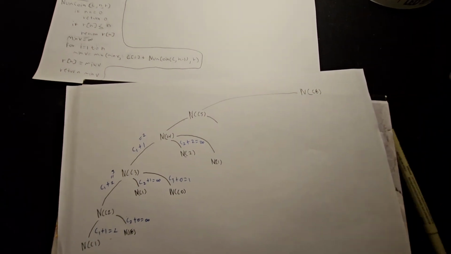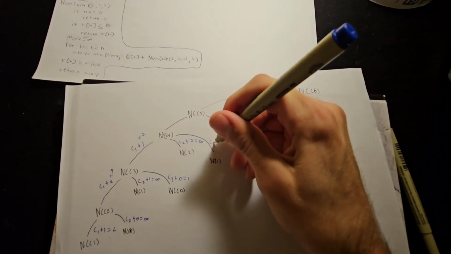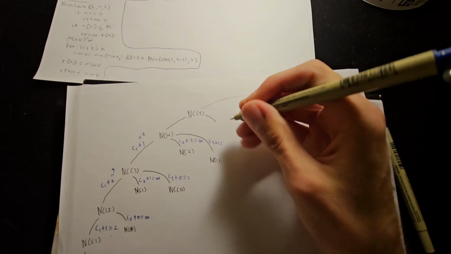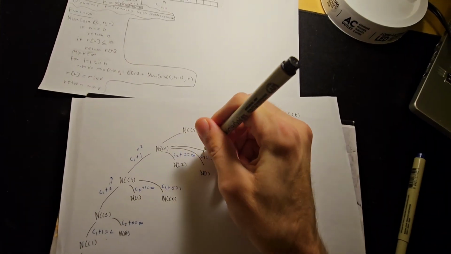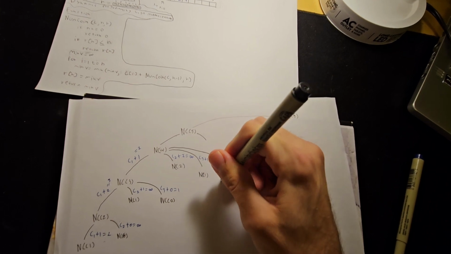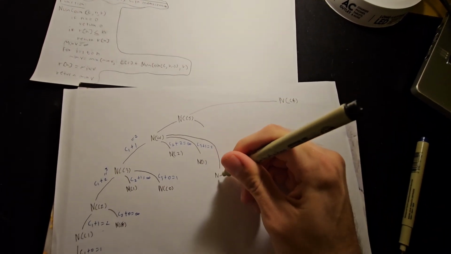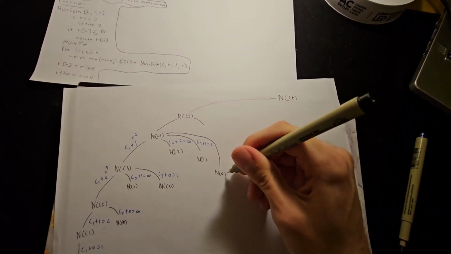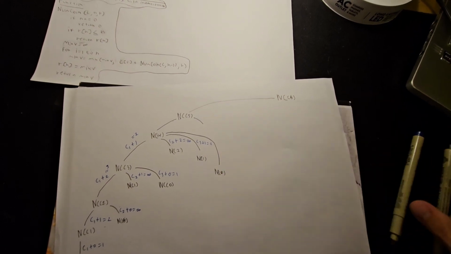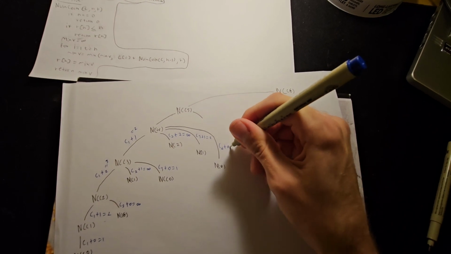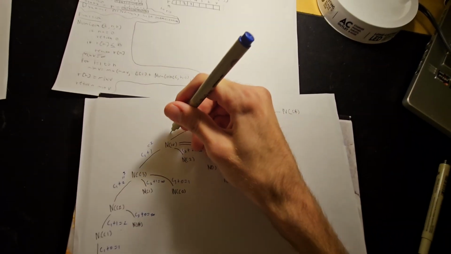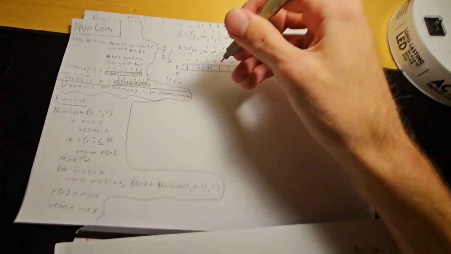Once again, we know what that is, so it's going to be a C3 plus 1, which is going to equal 2. Then finally, it's going to come over to NC0, which is C4 plus 0 equals 1. So C1 plus 1. We're going to say 4 is 1.